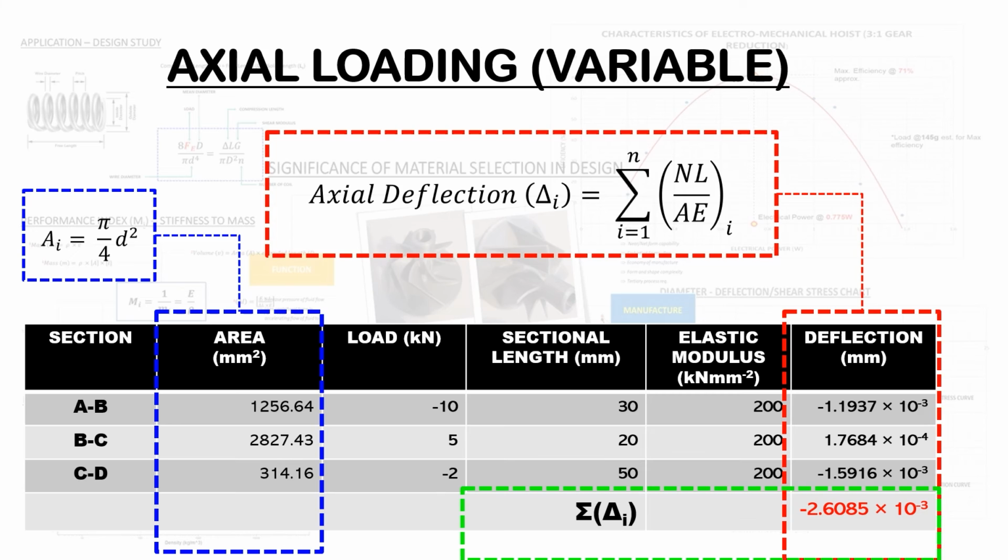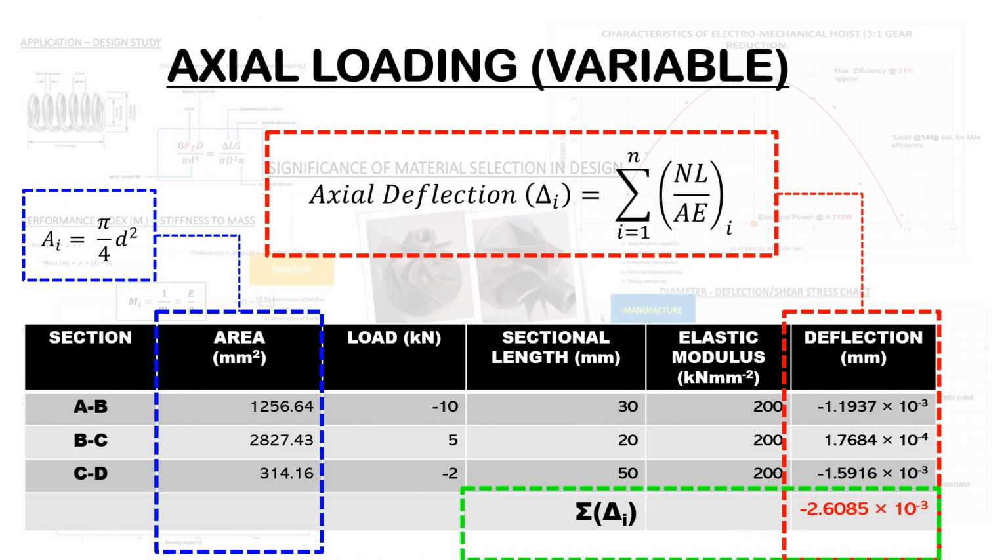So we need to calculate the deflection for section AB, plus the deflection of section BC, plus the deflection of section CD. This is what is represented in the table below.